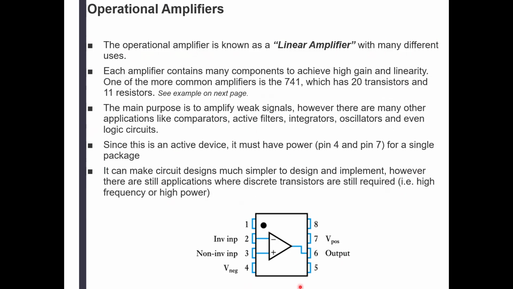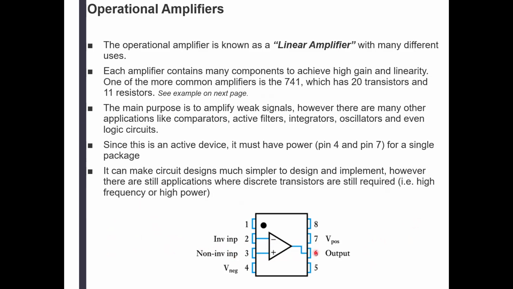You see here, you have the inverting input, which is marked with the negative sign. You have the non-inverting input, which is marked with the plus sign. And you have the output. If you put your signal to the inverting input, let's say you get a sine wave like this, you're going to have a sine wave like that on the output, inverted, 180 degrees out of phase, all right?